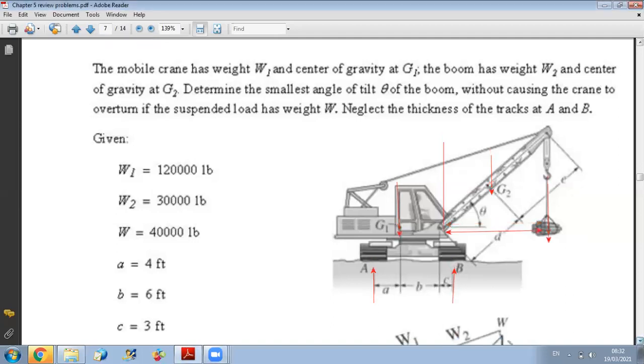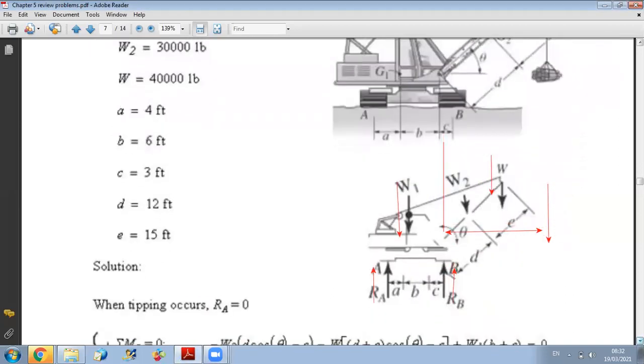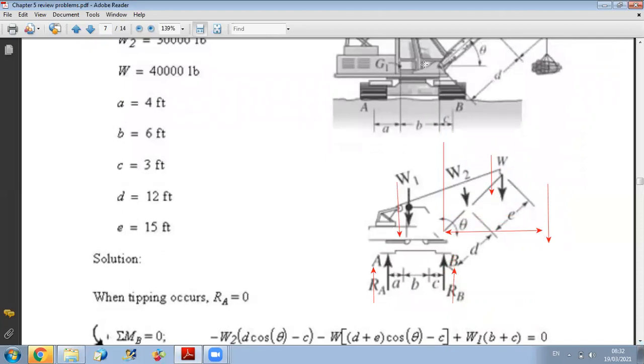As you can see here, we considered the free body diagram of the system, and we say that just at the tipping condition, when we will have tipping over, we will have a reaction at A equal to 0, and then we will tip over point B.